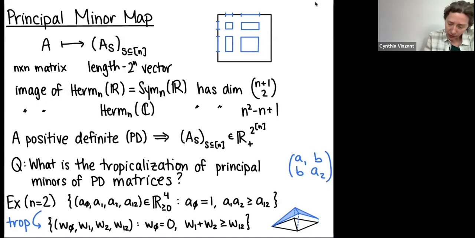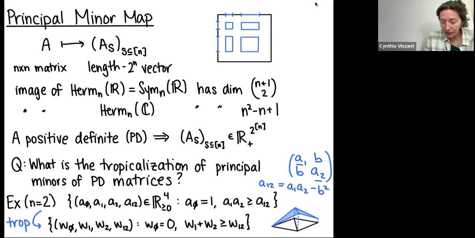We're going to record the 4 principal minors and see what we can get. We record the empty set, whose principal minor is 1. We record the diagonal entries, a1 and a2, and then we record the determinant, which is a1 a2 minus b squared.